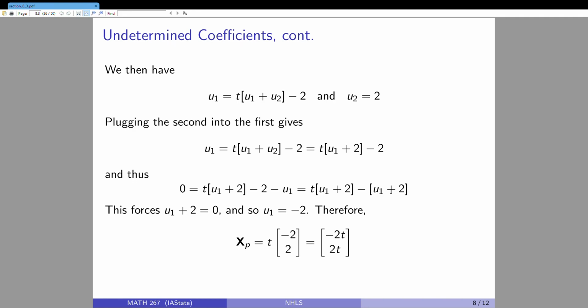Alright, great. So that's how undetermined coefficients is going to work, and as you can immediately see, it's got the same pros and cons as before. The pro being that, as we're going to see, it's a lot quicker than the other method, variation of parameters.